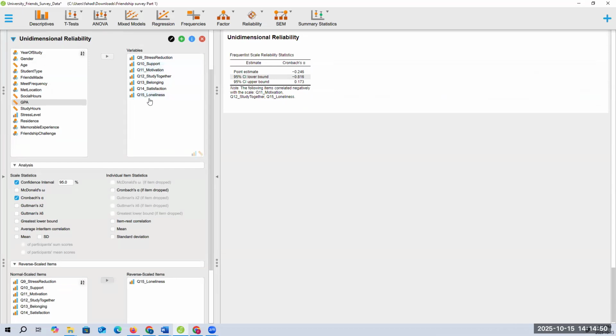So these questions and the answers, there seems to be poor internal reliability. So you would say any Cronbach's alpha which is below 0.6 would be poor reliability. All right, so we can do something else.